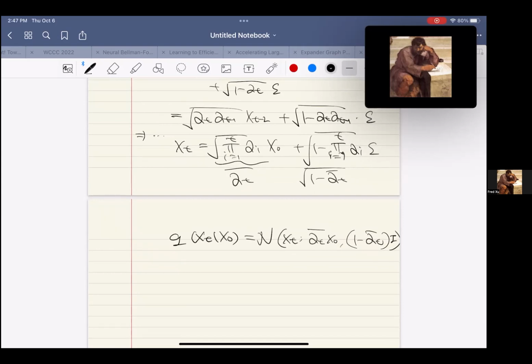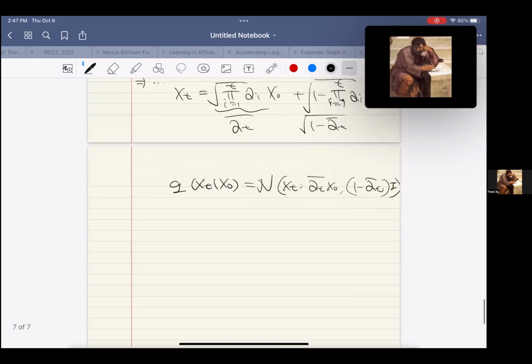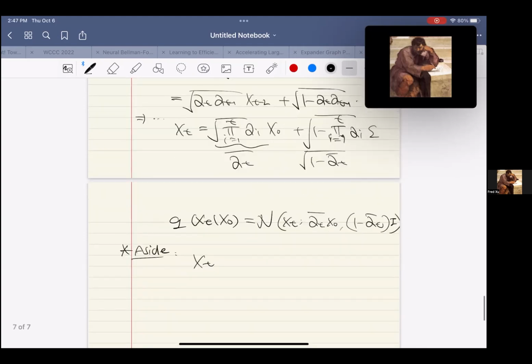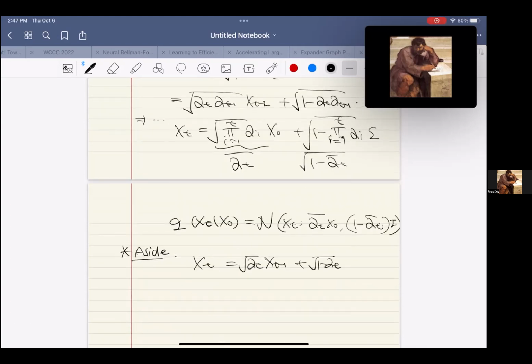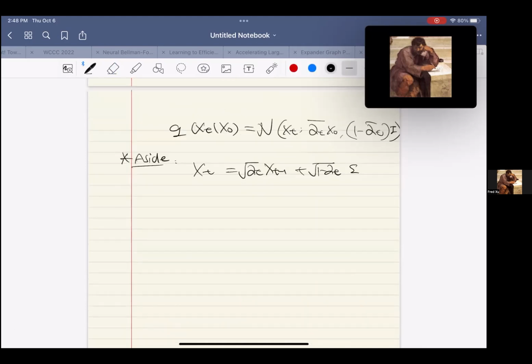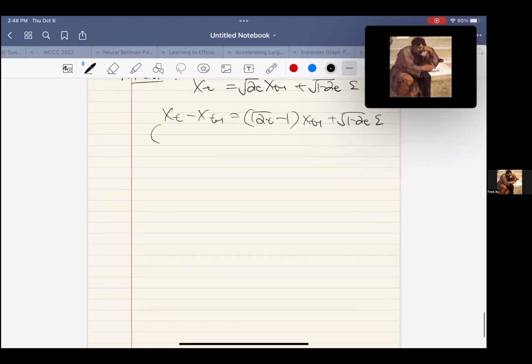Now what's interesting about this process, I just want to mention as an aside. We know that x_t equals square root of alpha t times x_{t-1} plus square root of 1 minus alpha t times epsilon. So what do we do here? You can do the following trick: x_{t-1} equals this one minus 1 times x_{t-1} plus this one. And you can take a leap of faith and look at this as if you have a continuous process.